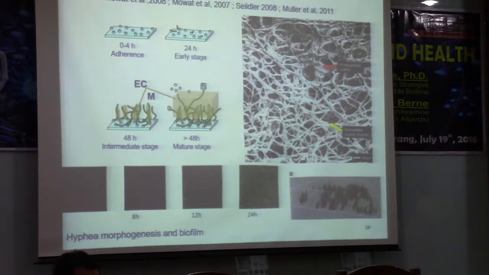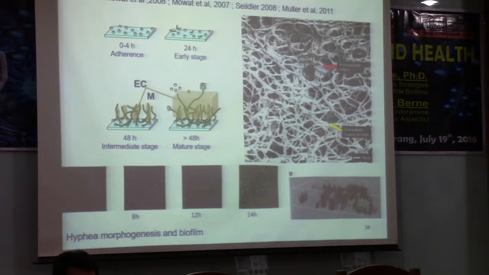So, in fact, the mechanism leading to the formation of the biofilm is very similar to that described for Candida. We have the same several steps. First, adhesion, then colonization, adherence, then maturation, and finally dispersion.